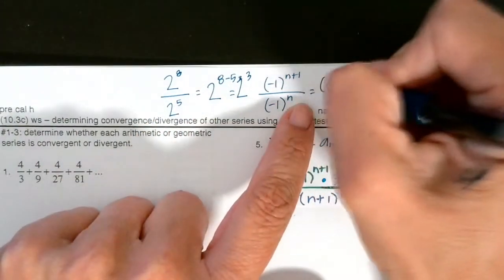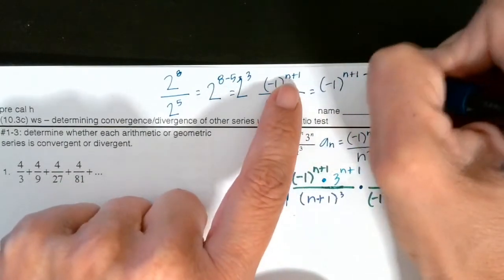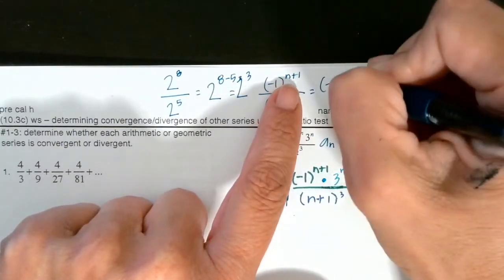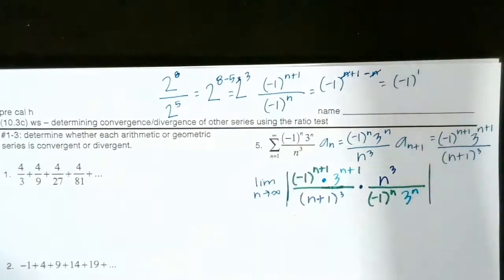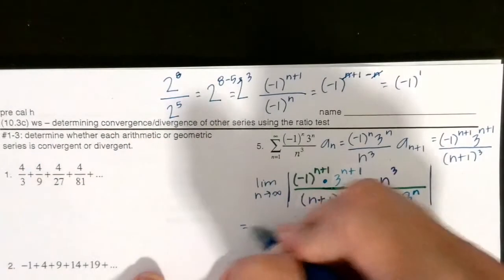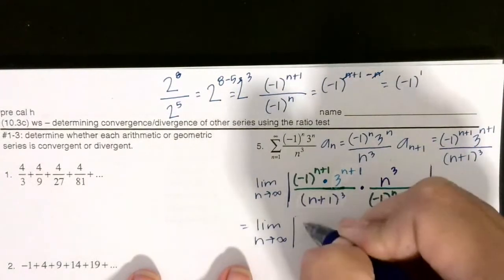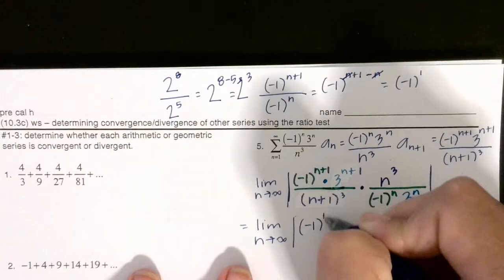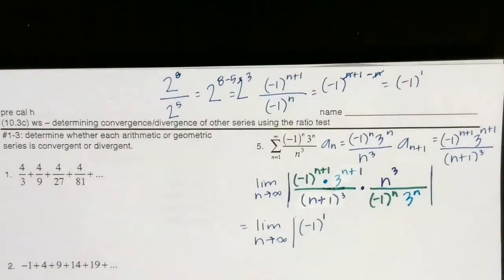You keep the base, and then we have n plus 1 minus n. The n and the negative n canceled out, and that's just negative 1 to the first power. So the limit as n goes to infinity of negative 1 to the first power. So that gets rid of these guys right here.